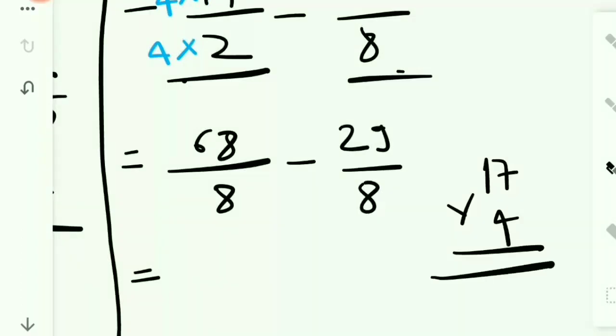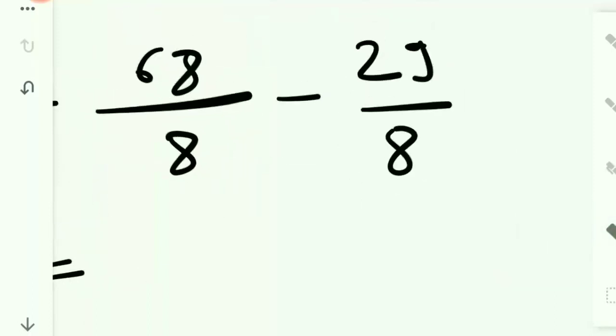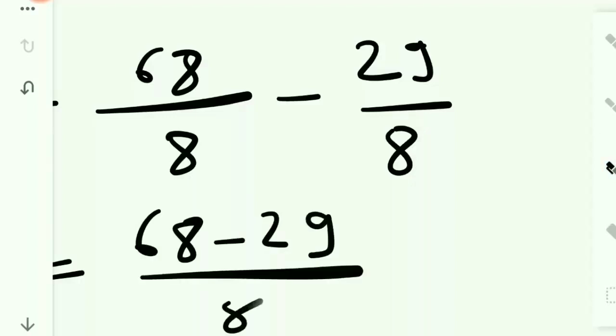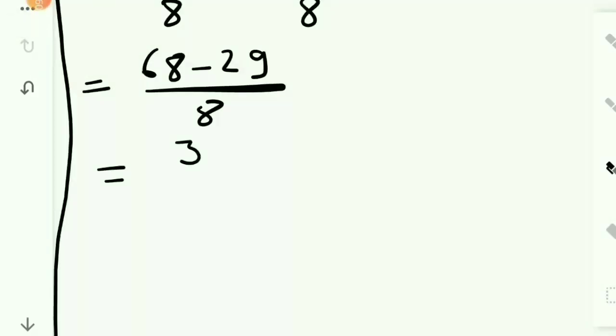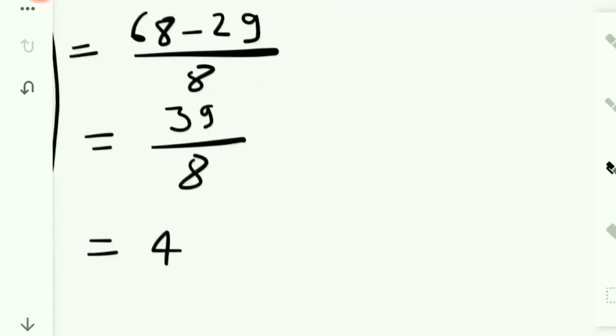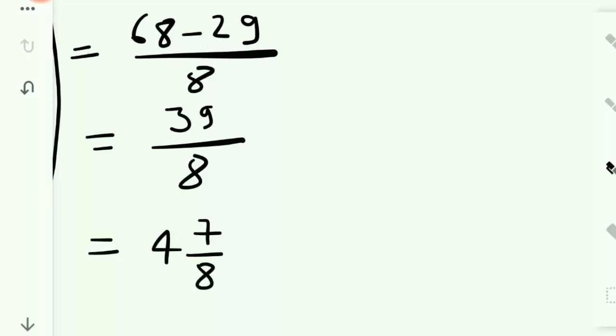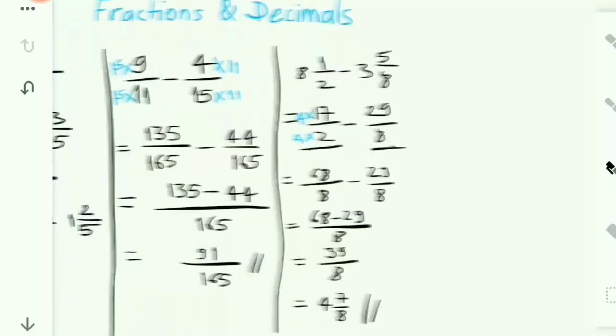What happens next, right? 68 minus 29 divided by 8, which is equal to 39 divided by 8. We convert this back to a mixed fraction. 8 4s are 32. 7 by 8. This is the answer.